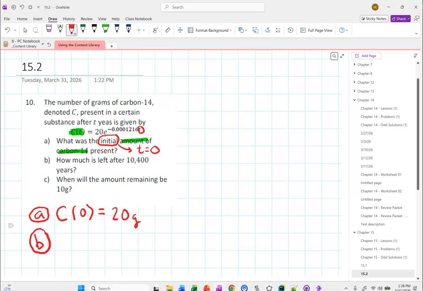Part B then says how much is left after 10,400 years. So what are we going to do here?